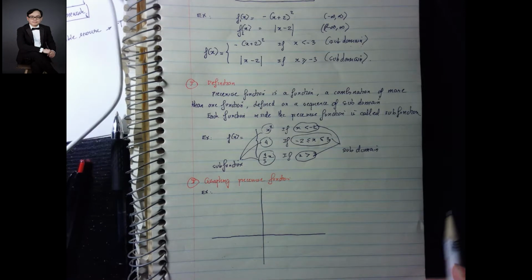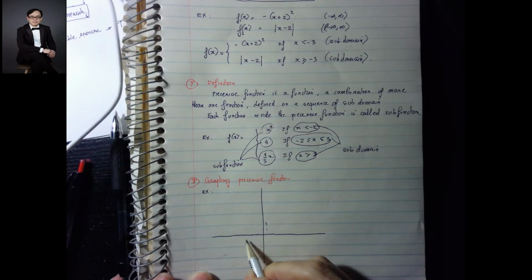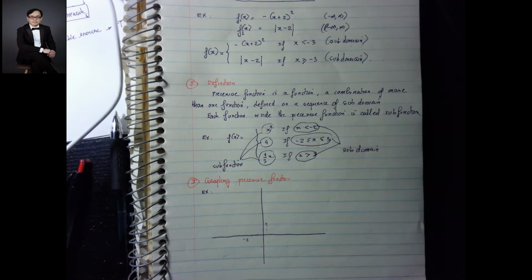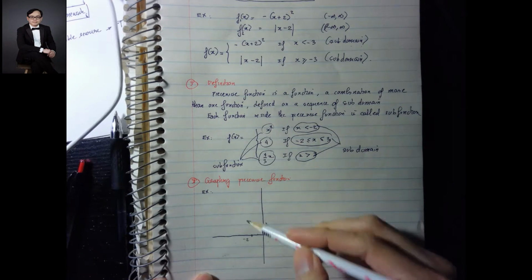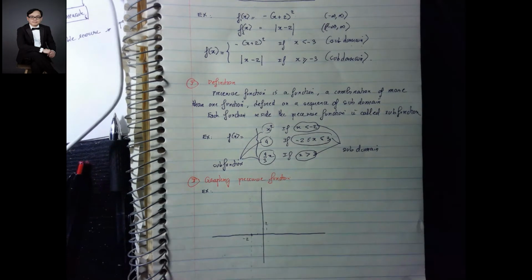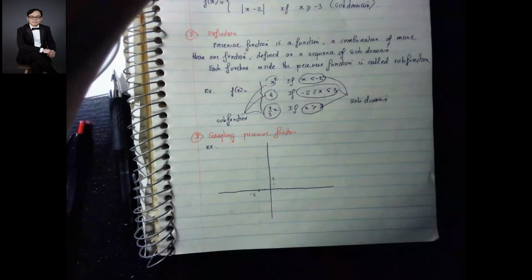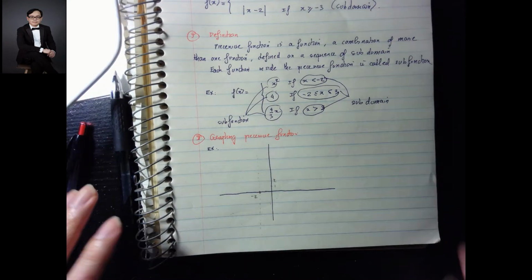The vertex is right here, and the axis of symmetry will be like this. Let me fix this a little bit. Okay, good. After I get the axis of symmetry, I just need to plug in values.